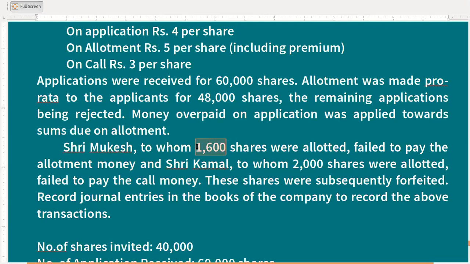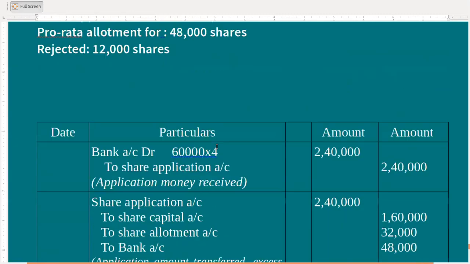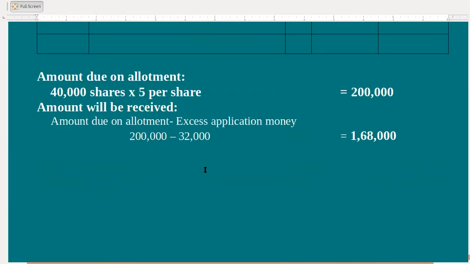So here it is pro rata allotment. So here we have to find out how many shares were applied by Mukesh. Then only we will be able to understand what will be the application money.